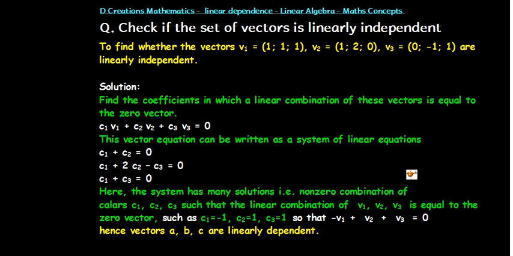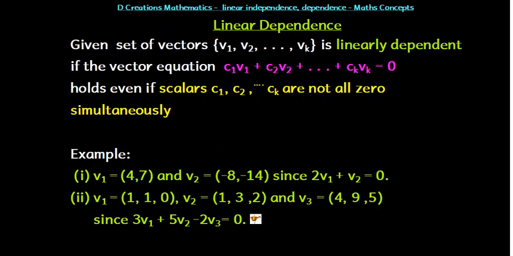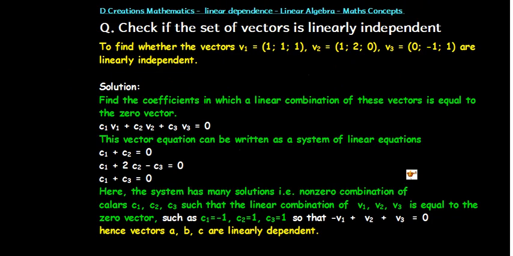This means that we are going back to the linear dependence condition. If you remember, when we looked at linearly dependent vectors, we had seen this condition, and that is what is true here. So this set of vectors is linearly dependent. Thank you.